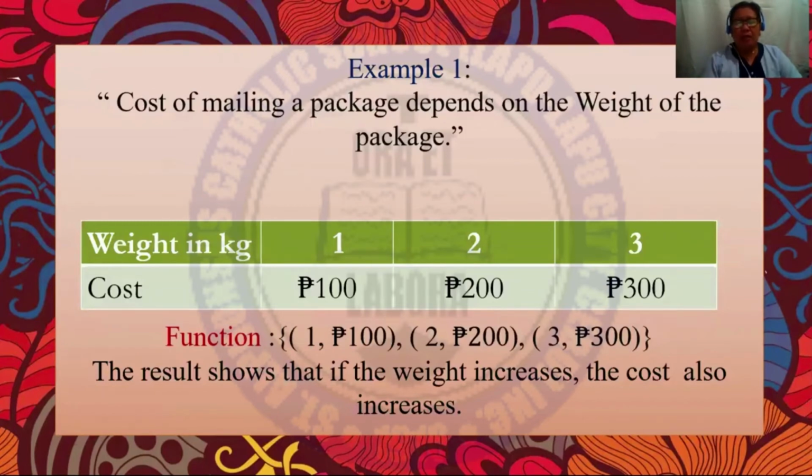And we consider this as a function because if we express this in a set of ordered pairs, then we have 1 kilogram for 100 pesos, 2 kilograms for 200 pesos, and 3 kilograms for 300 pesos. The result shows that if the weight increases, the cost also increases.